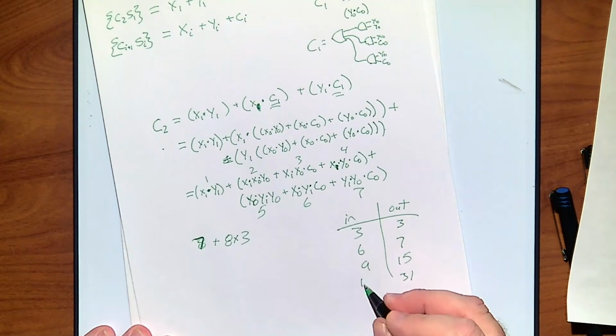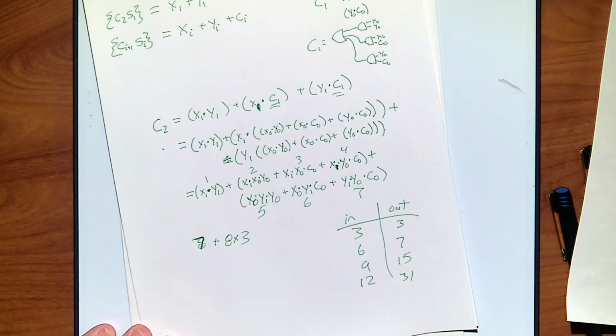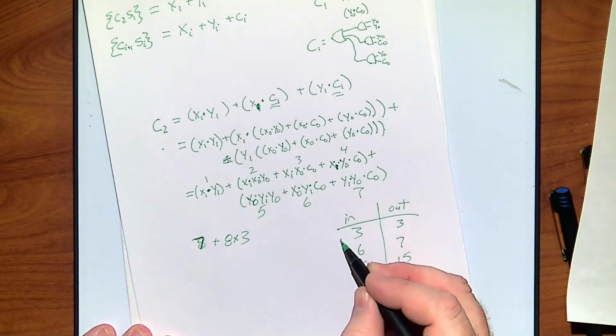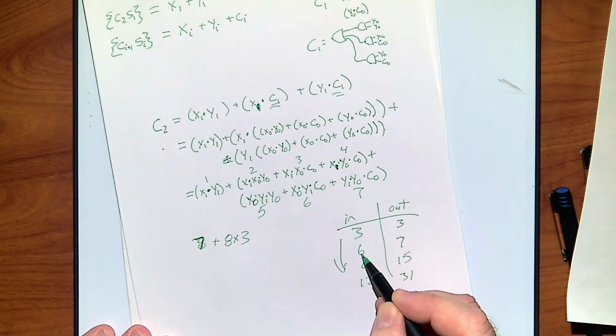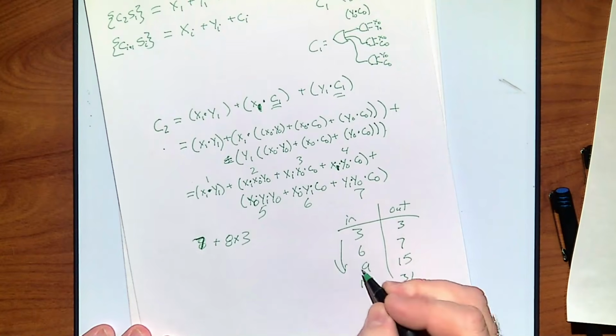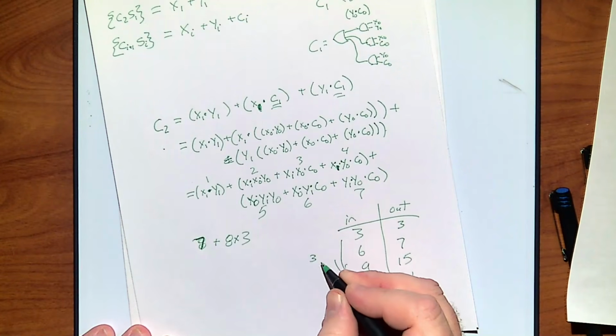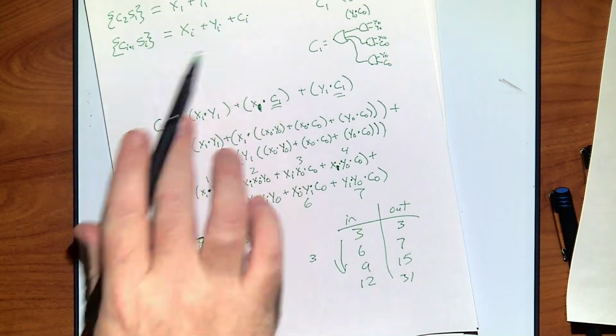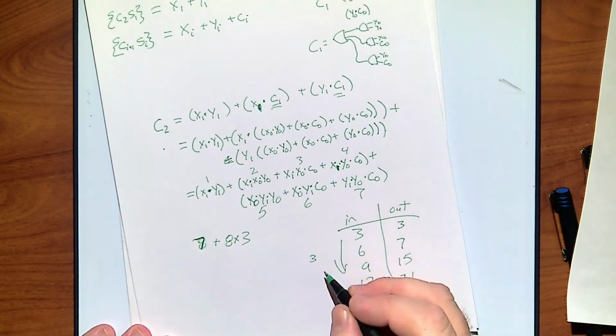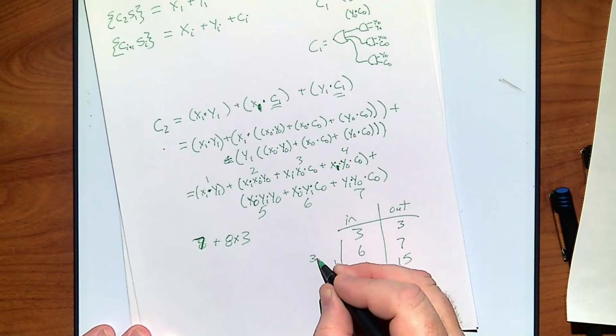And how many inputs did I have? 12. Do you see the pattern going on? On this side, this was a 1-bit number, 2-bit number, 3-bit, 4-bit. So my inputs, as I'm growing, I've got all these carries too, which I'm counting on, which makes it a little bit more complicated.